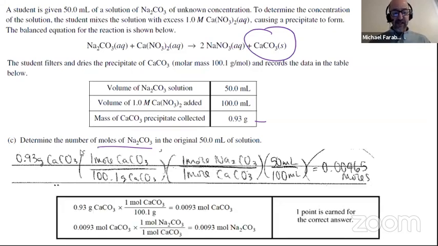Well, you can see a similarity between their answer and the correct answer. They definitely went from grams to moles correctly for calcium carbonate. They recognized the 1-to-1 mole ratio, and that's where that student should have stopped. So this was the part that they did wrong. Had they stopped, they would have gotten 0.0093, but for some reason they divided by this ratio of volumes, which was incorrect.